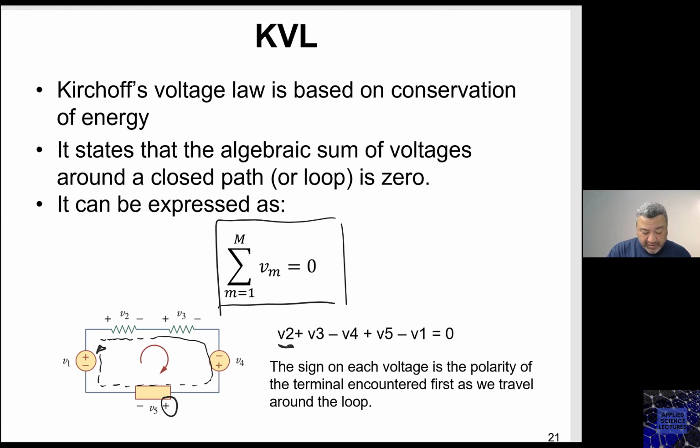Same thing, it's entering the positive terminal for V3. I wrote it as positive V3. It's entering the negative terminal of V4. I wrote it as minus V4. It's entering the positive terminal of V5. I wrote it as positive V5. And it's entering the negative terminal of V1. Then I wrote it as minus V1.